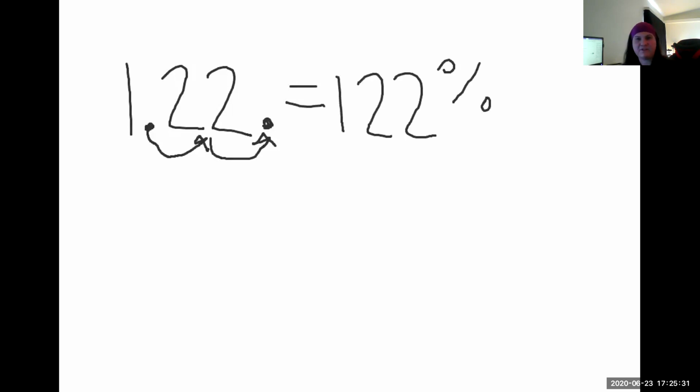So here, I'll explain what I mean by that. We have our decimal point right here, 1.22. We're just going to move it once, and then we're going to move it again. So that equals 122%. Hope that makes sense.